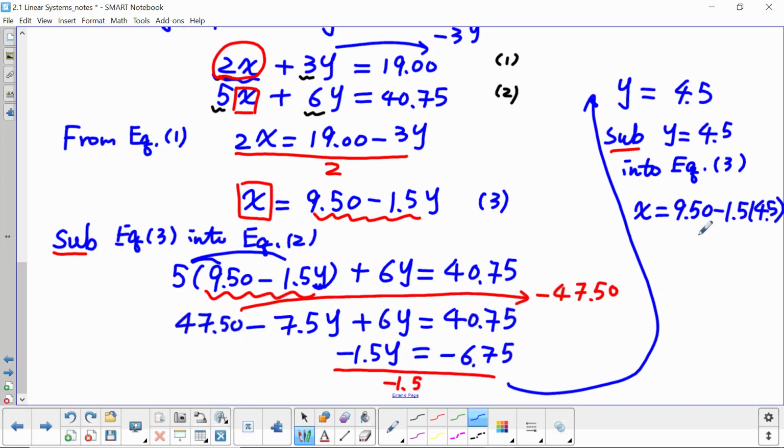Get your calculator out, and you will find out x equals 2.75. Then you are going to just write the statement, therefore, one hot dog is $2.75.